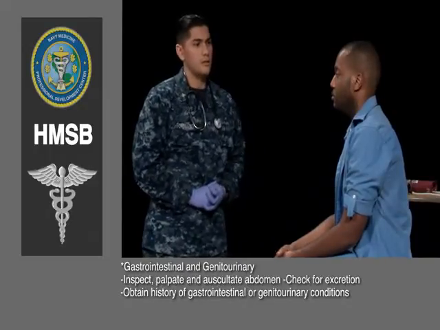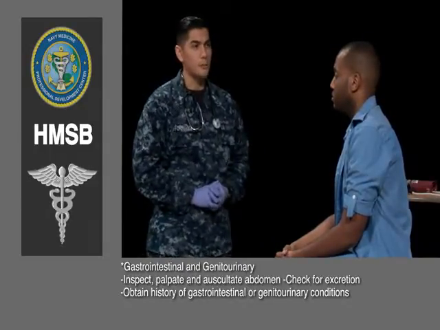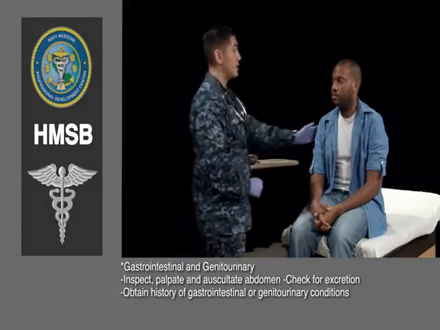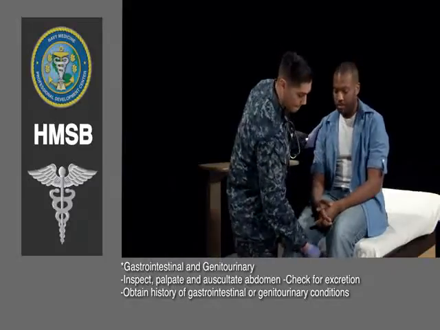Next, I'm going to assess my patient's gastrointestinal and genitourinary system. Sir, do you have any history of any bowel or bladder ailments? No. Have you been having normal bowel movements? Yes. Have you been having normal bladder movements? Yes. Okay. I'm going to have you lay down. I'm going to assess your abdomen. Okay.